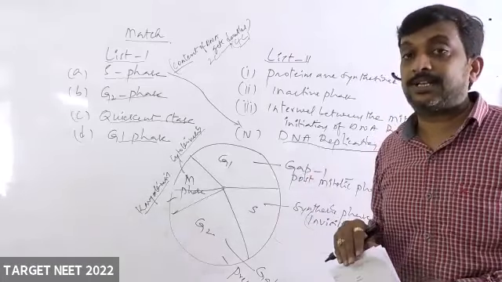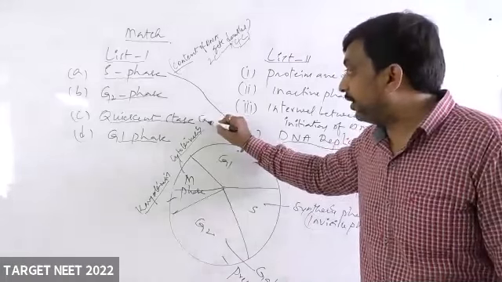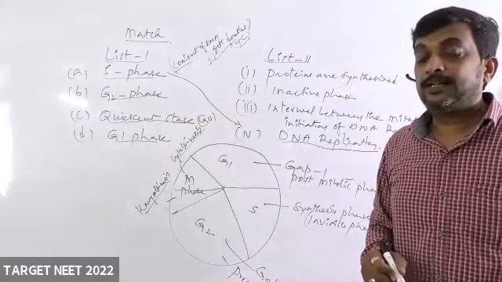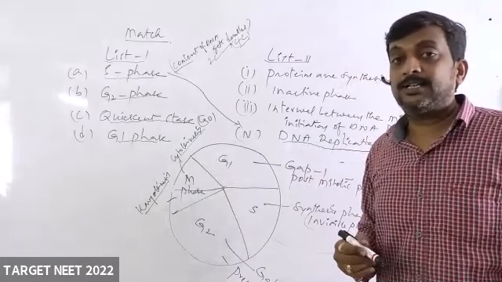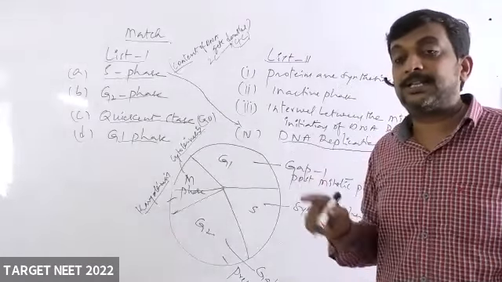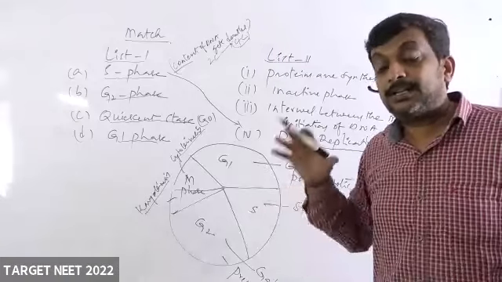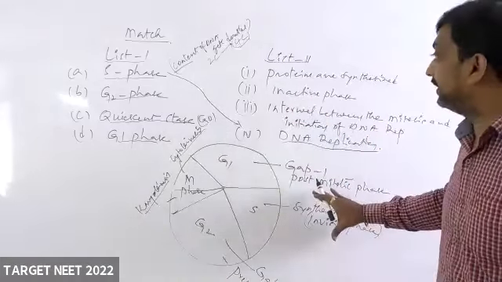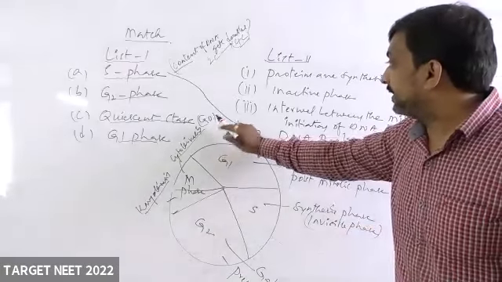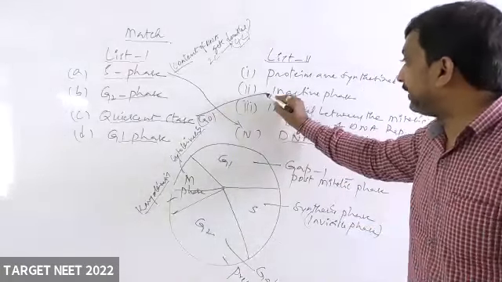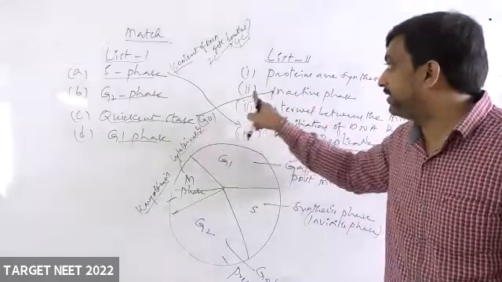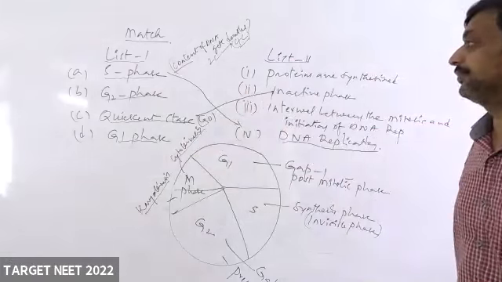The quiescent stage is represented with G0. The cell is not undergoing cell division; in terms of cell division it is inactive, but the cell is metabolically active. So for the quiescent stage, we should go with the inactive phase, option 2.